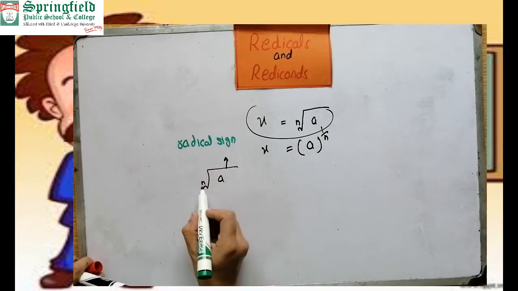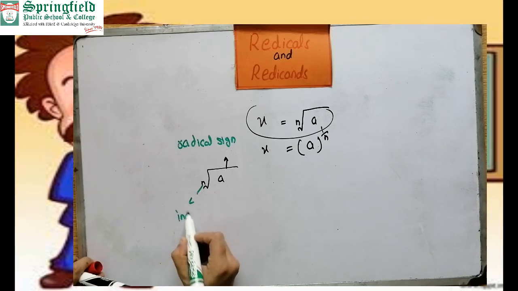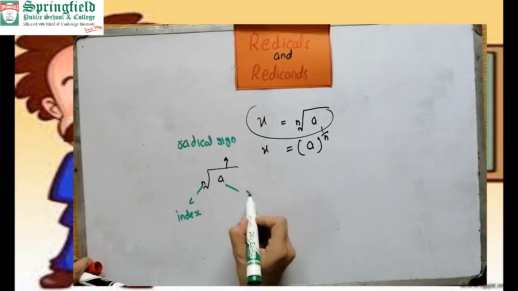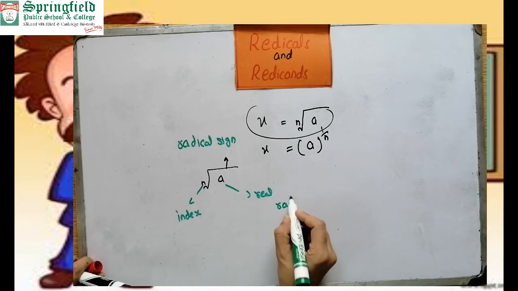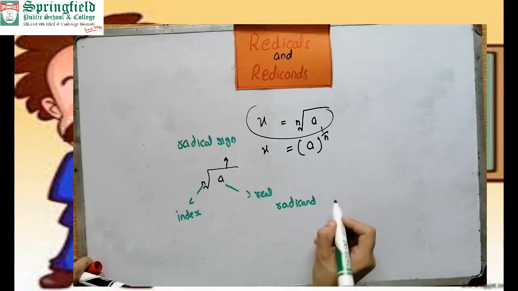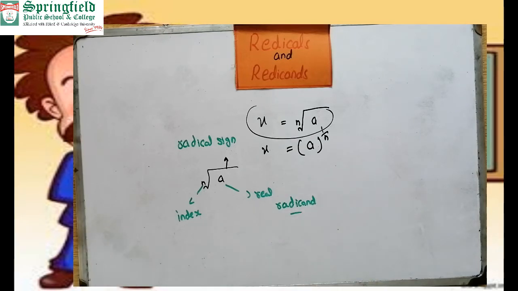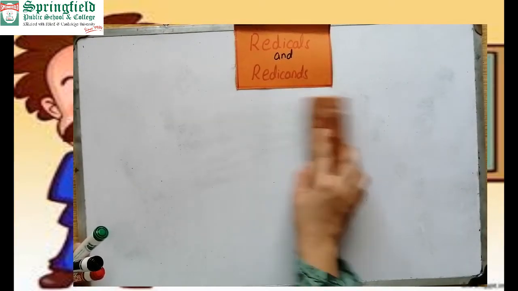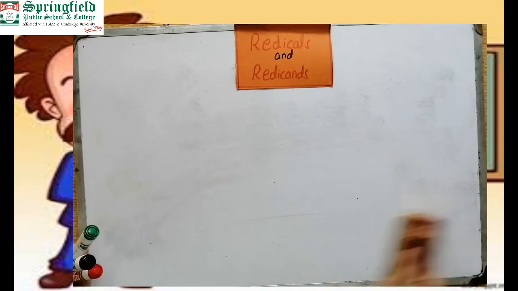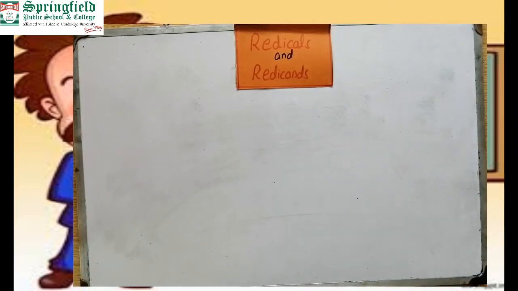And n is called the index or power, and a is the real number under the radical sign, so it's called the radicand. Fine. In this exercise I will tell you how we can find the radical and radicand, and how we can express one in terms of the other.